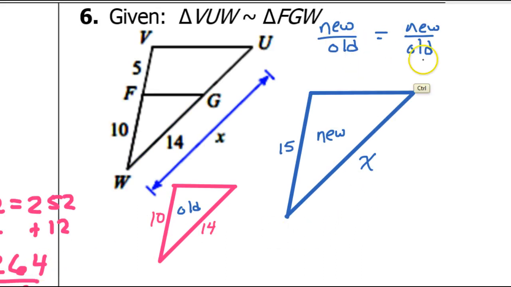So when we do our new over old equals new over old, I can do x over 14, because those are corresponding sides. And that should equal 15 over 10, because those are corresponding sides.